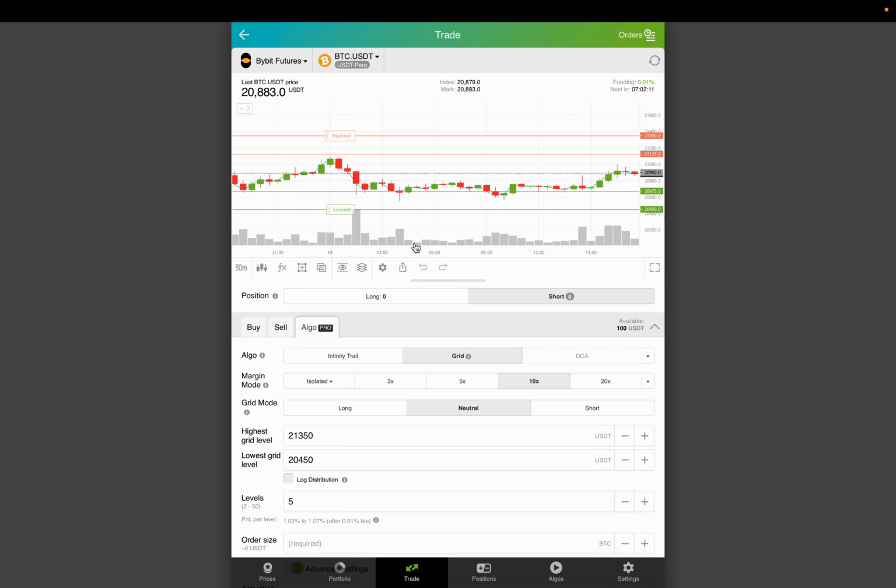So again, if the neutral grid is launched and buy orders are executed, they will be increasing your long position. If the price moves here and this order executes, you'll have a long position of 1 BTC, and there will be an opposite sell order placed here. If it executes, it will close that long position, right? So when the price is back here, your positions are 0.